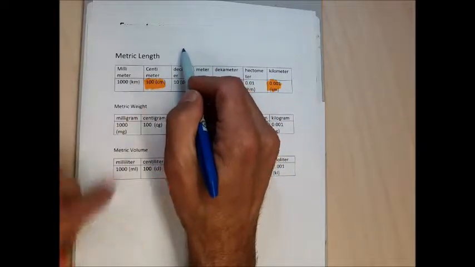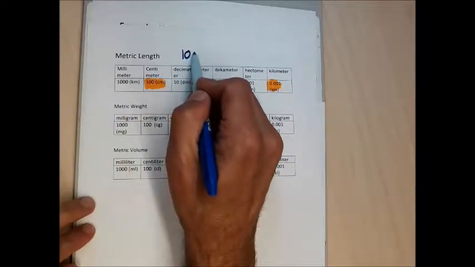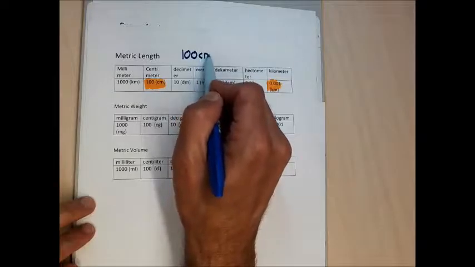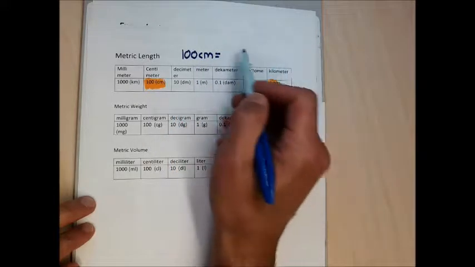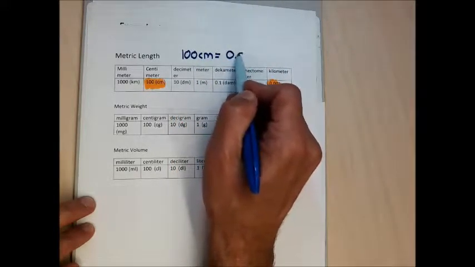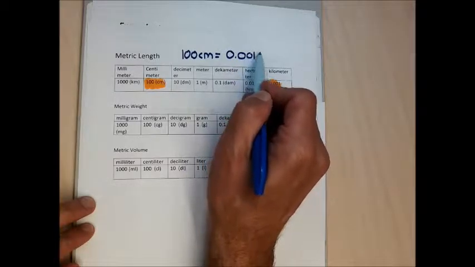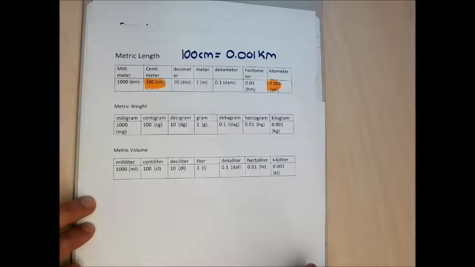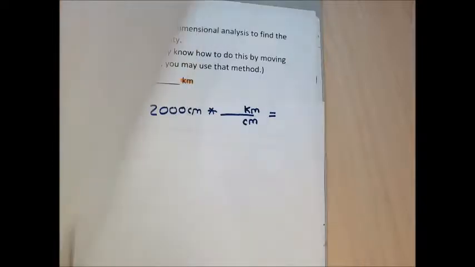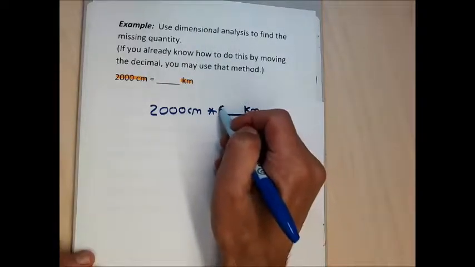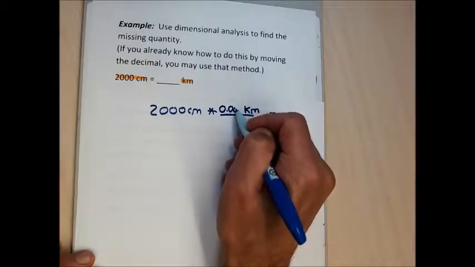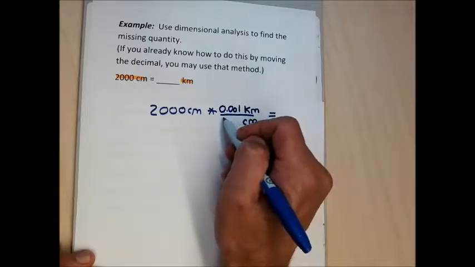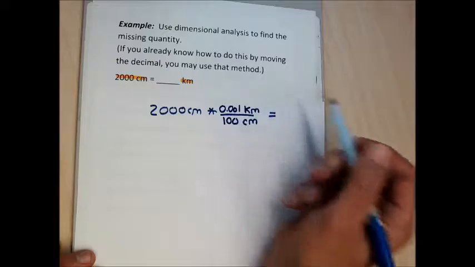This top row, or this part of the table that I've highlighted, tells me that 100 centimeters is the same as 0.001 kilometers. So on the fraction that I'm starting to create, I'm going to put in the numerator 0.001 kilometers, and in the denominator, I'm going to put 100 centimeters.